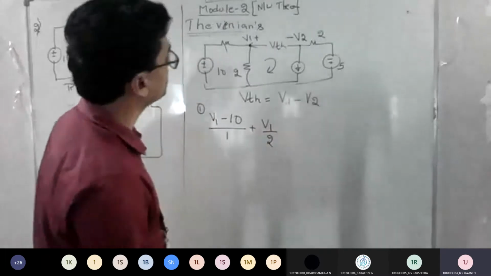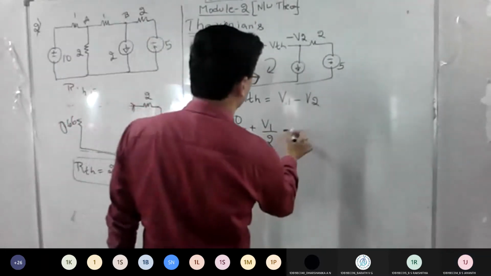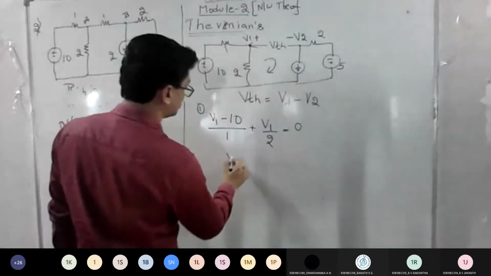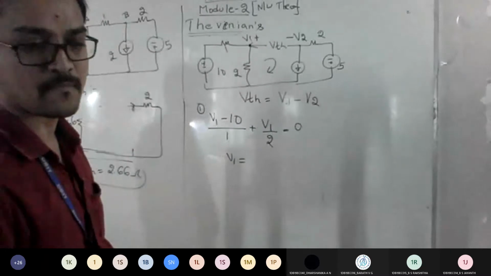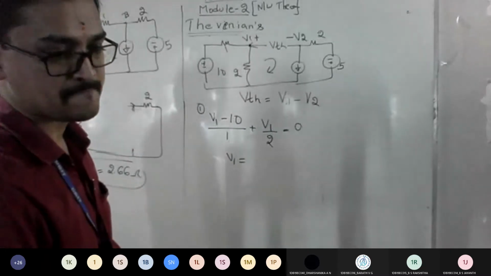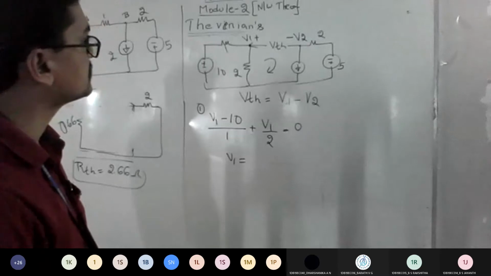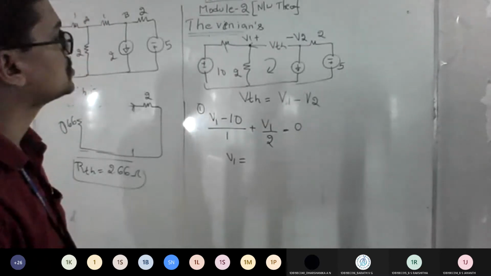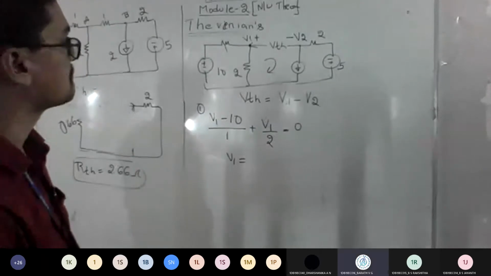That's it. Equate it to 0, and from this you're going to get the V1 answer directly. So how much is the V1 answer? Jawad, what is the V1 answer you get? 6.66, sir.